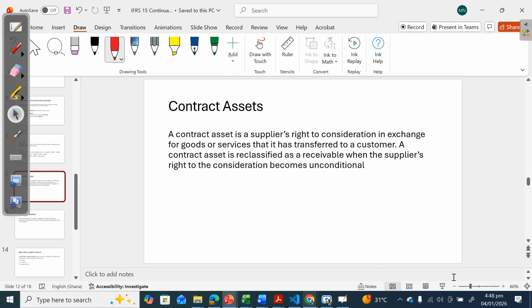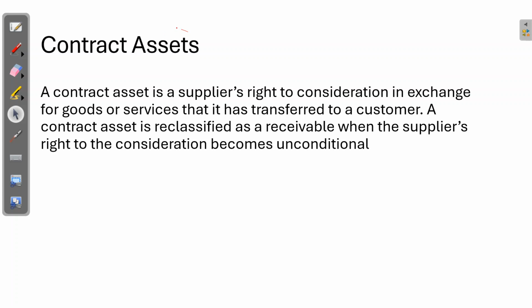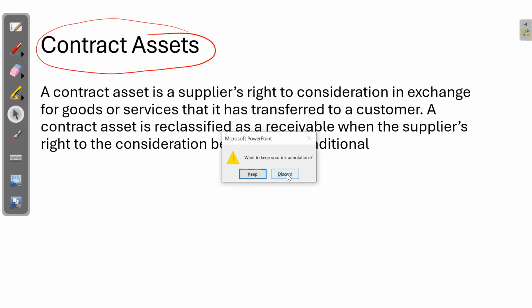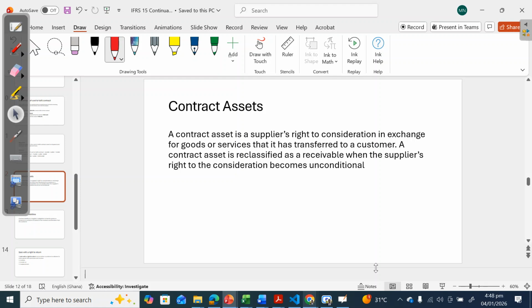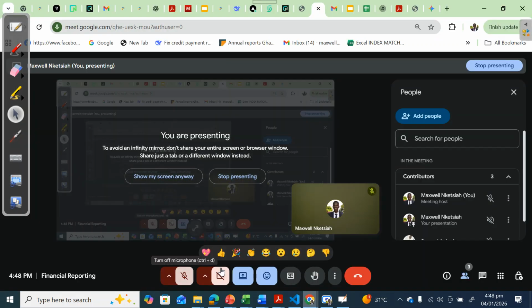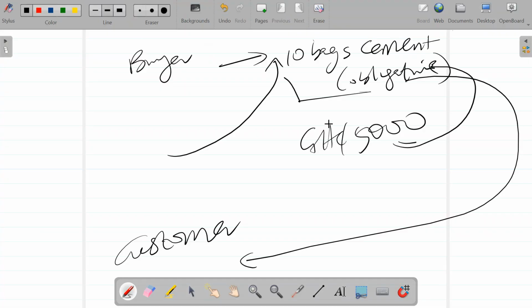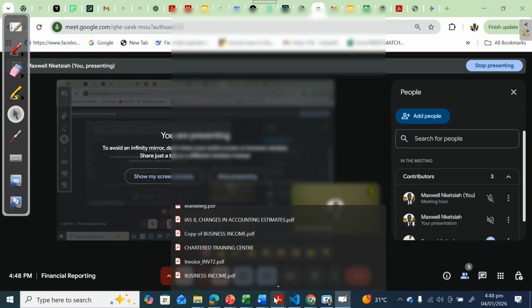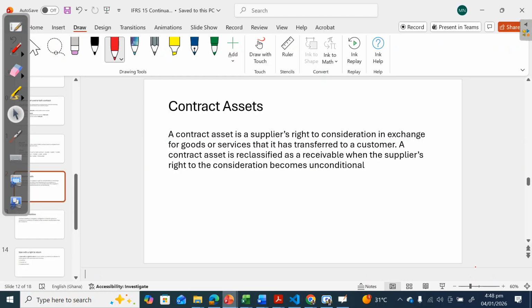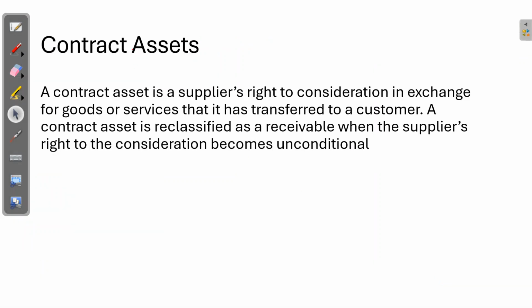Now let's look at contract assets. What is a contract asset?